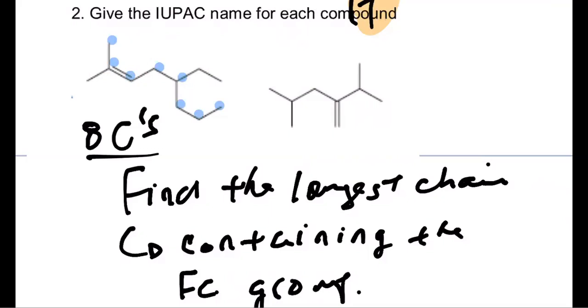If it's 8 carbons, what's the Greek prefix for 8? Octa. Yeah, octa. So it's going to be octene, right? Because of the double bond. So we already know for this, the parent is going to be octene. Oct because it's 8 carbons, ene because there's a double bond present.